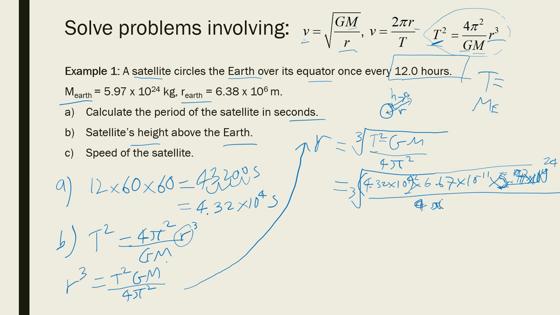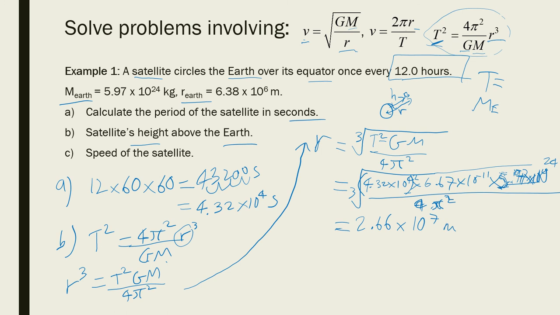Divide by 4 pi squared. And that is equal to, if you type it in correctly, 2.66 times 10 to the 7, that's meters.